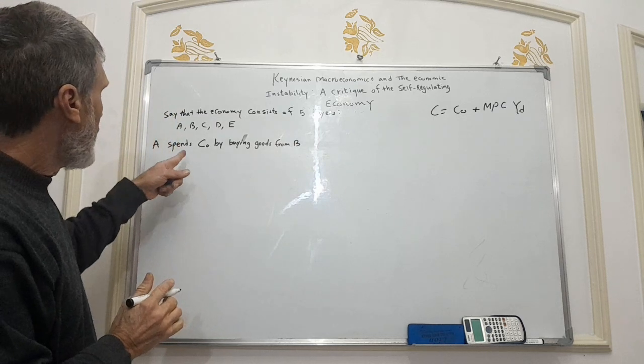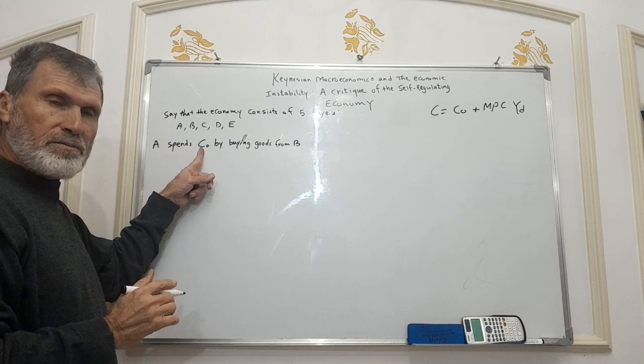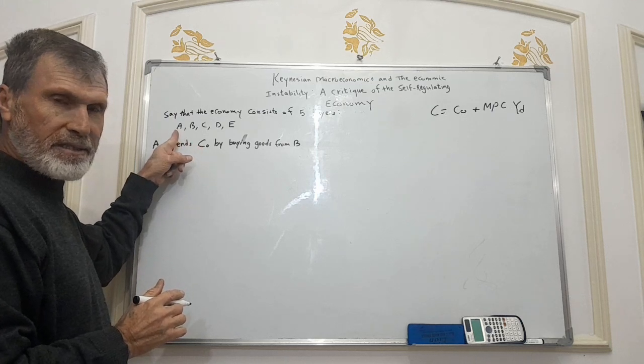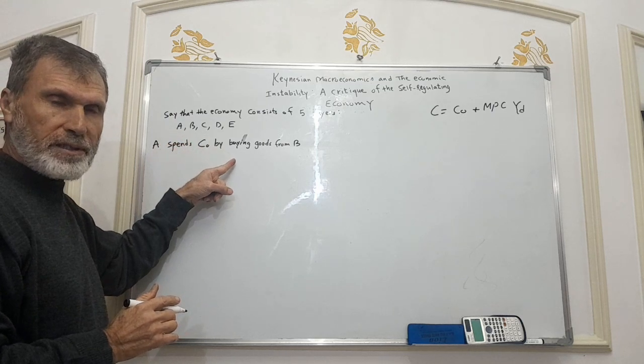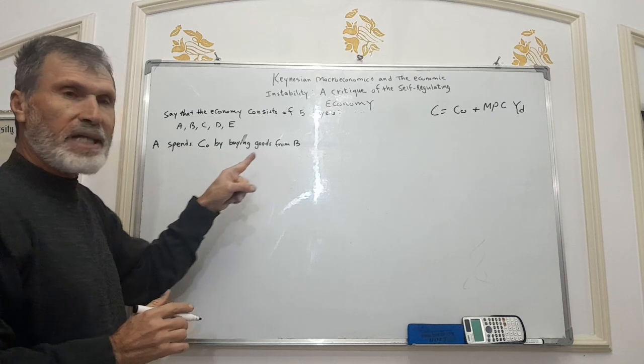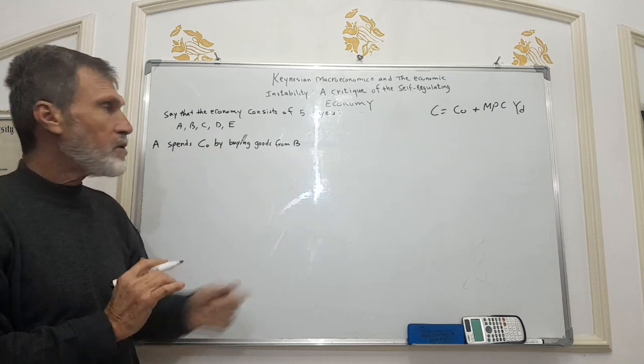Now, C0, that A spends when he bought goods from individual B, becomes an income to whom? To B.